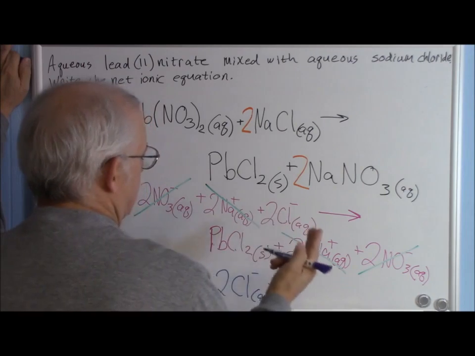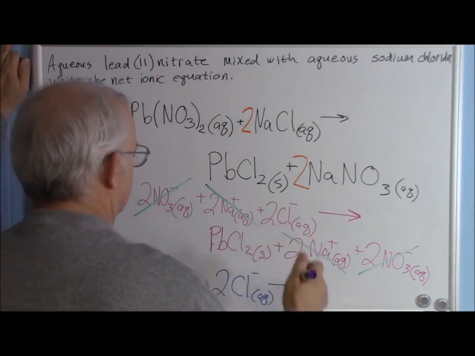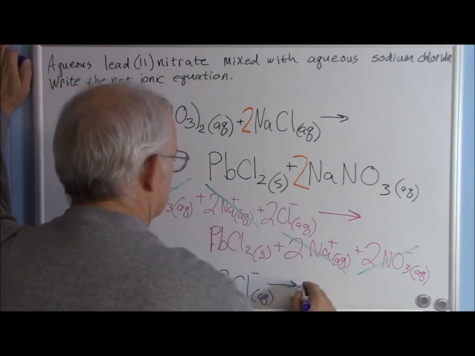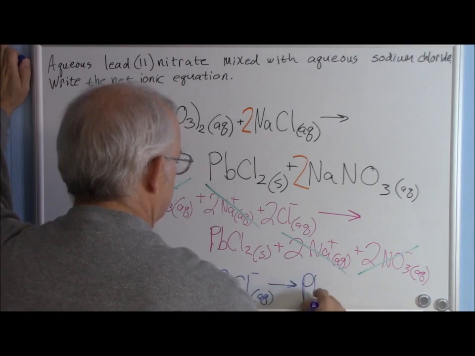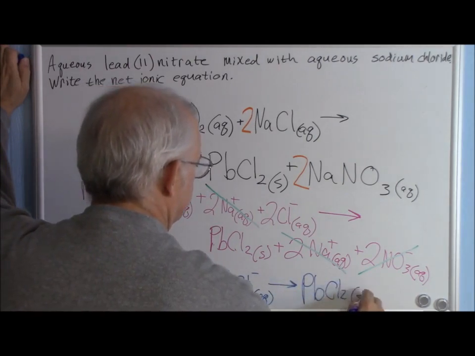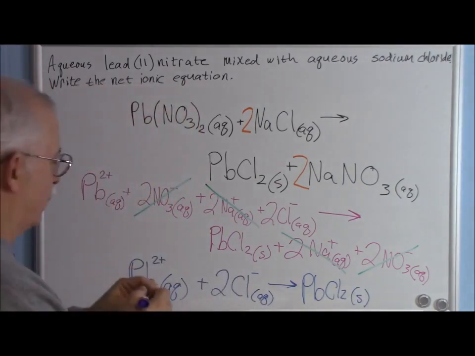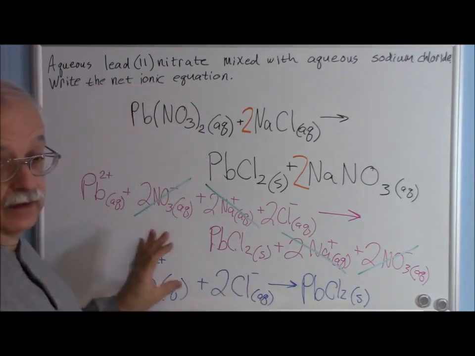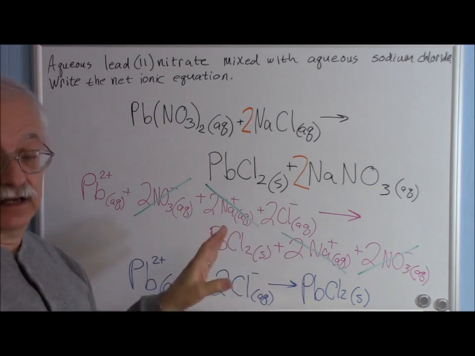Remember, lead can take on either a +2 or a +4 charge. So this is lead 2 chloride, PbCl2, which is a solid. So there it is, the completed net ionic equation.